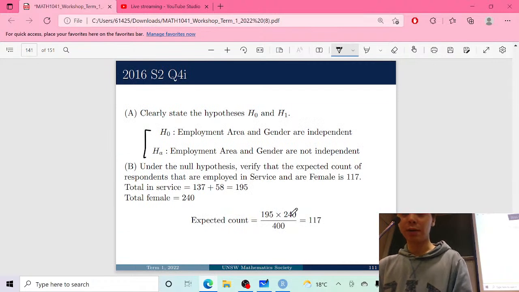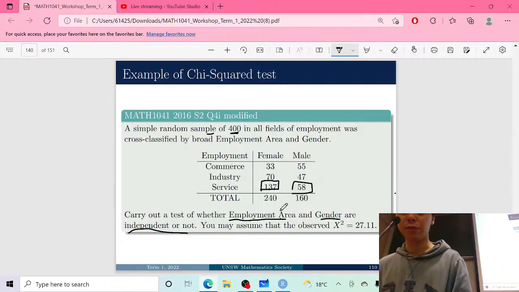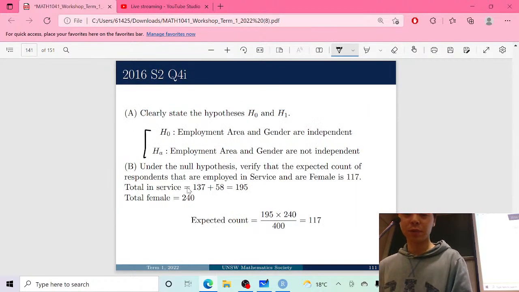And then the total female is going to be 240. Does this make sense so far? Yep. So what you basically want to find is the expected count here. You do the row total, the total in service, and then the total female, and then you get this result here. Cool.